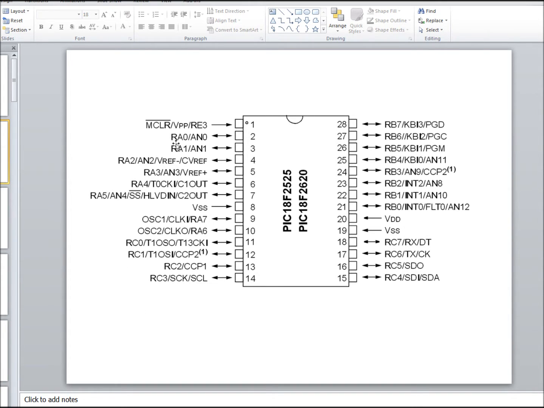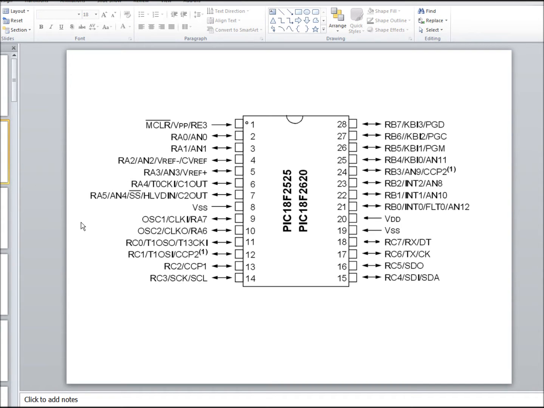Now, you'll notice that each of the pins here has a name. Those names refer to what features the chip can use. The digital input and output pins and feature all start with R. For instance, RA0, RA1, RA2, RA3, RA4, RA5, RA7, then RA6.